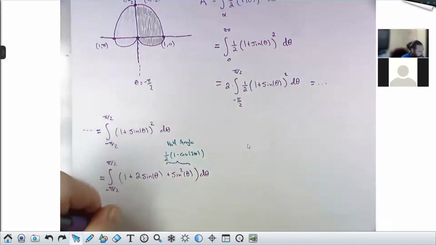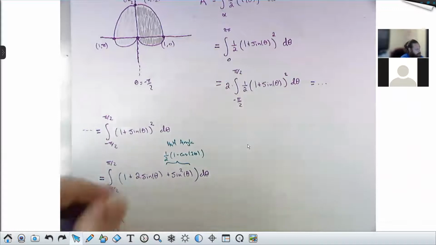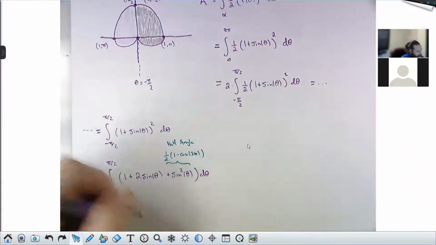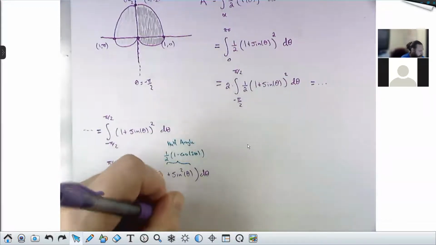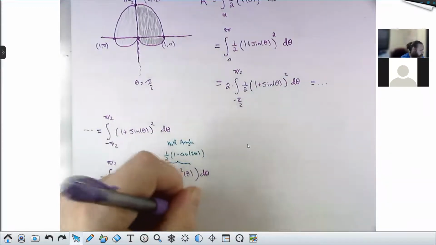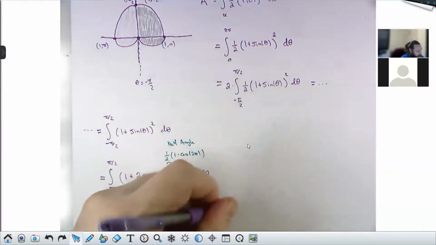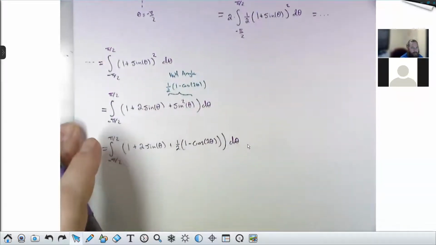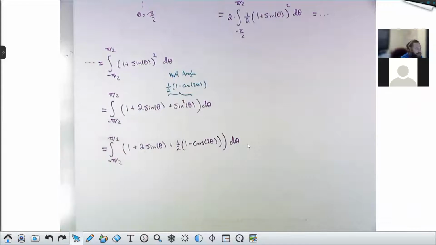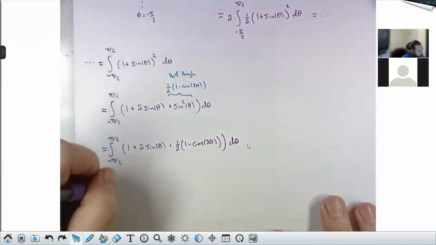So it's going to give me integral from negative pi over 2 to positive pi over 2 of 1 plus 2 sine theta plus 1/2 times 1 minus cosine of 2 theta d theta. Then I'll distribute this 1/2 and combine like terms.